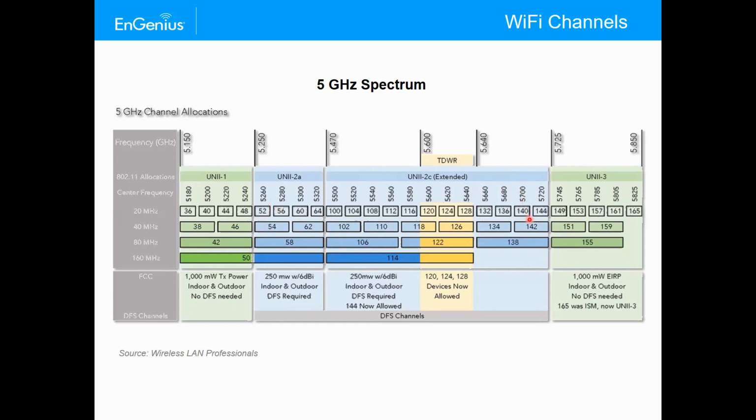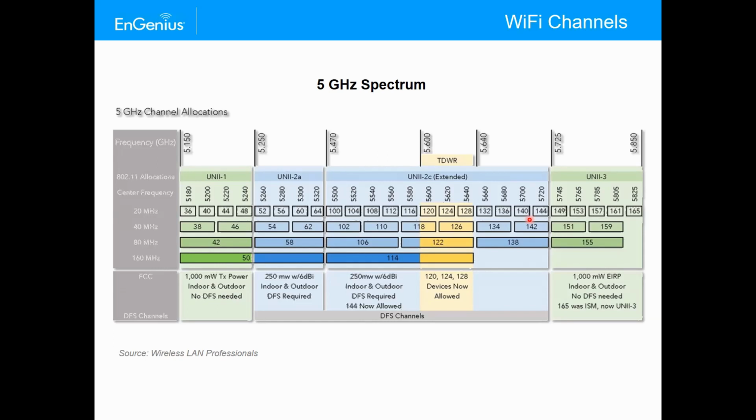If you have an access point, let's say an outdoor AP, maybe for point to point or point to multi-point, and you set it to channel 100, and you didn't know that in the vicinity there's weather equipment or radar equipment that suddenly broadcasts using channel 100 as well, your AP is going to be forced to jump to a different channel or go on standby, depending on the circumstances.